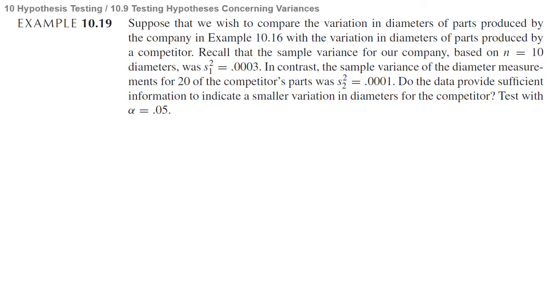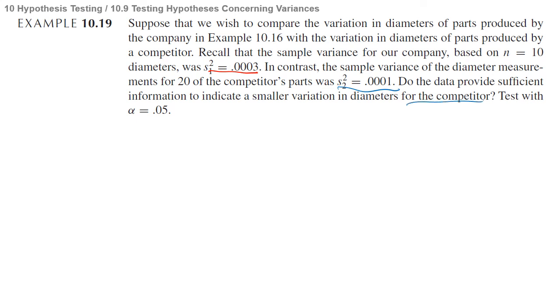Recall that the sample variance for our company based on n equals 10 diameters was here, and in contrast, the sample variance of the diameter measurement for 20 of the competitor's parts was calculated like this. Do the data provide sufficient information to indicate a smaller variation in diameters for the competitor?